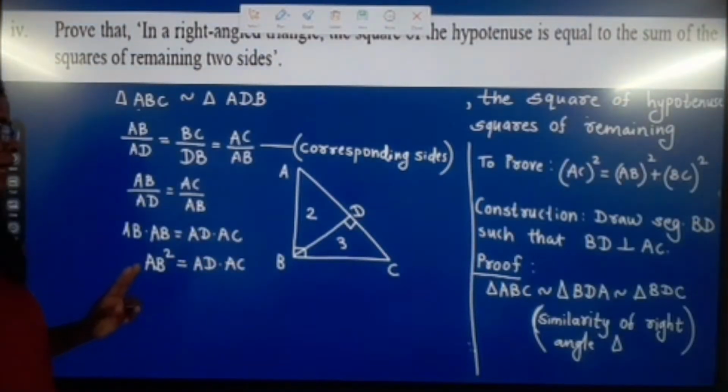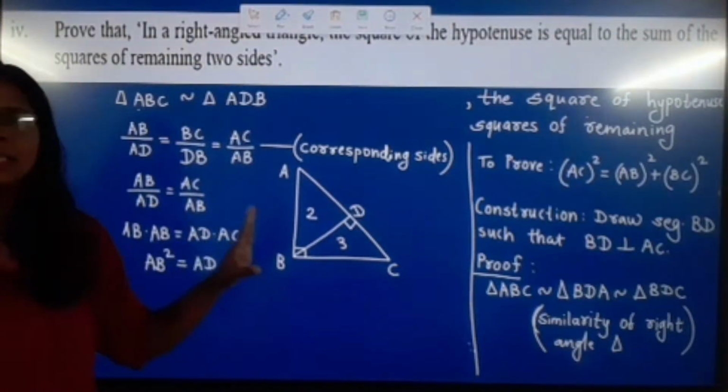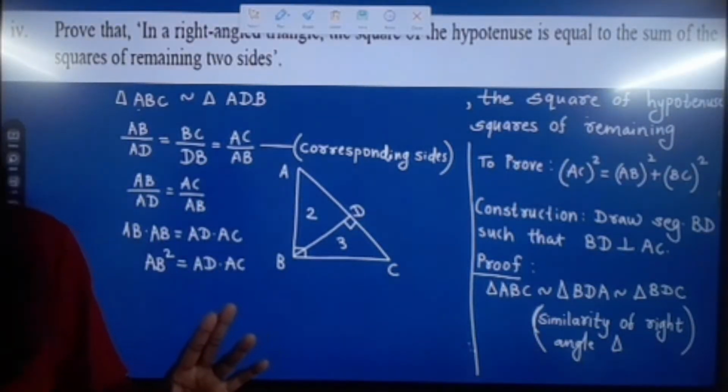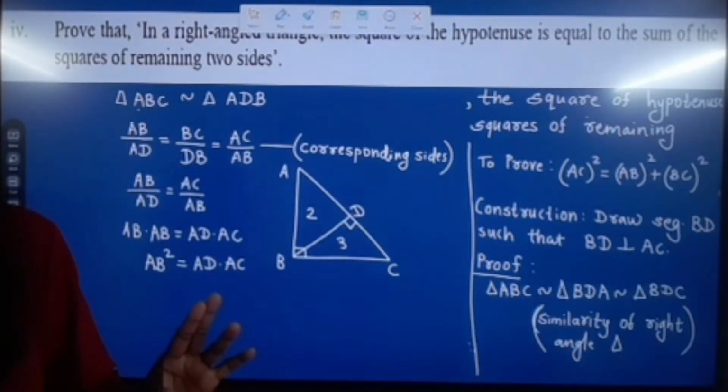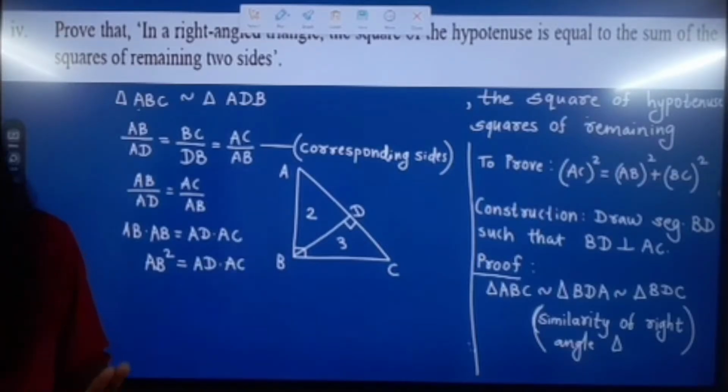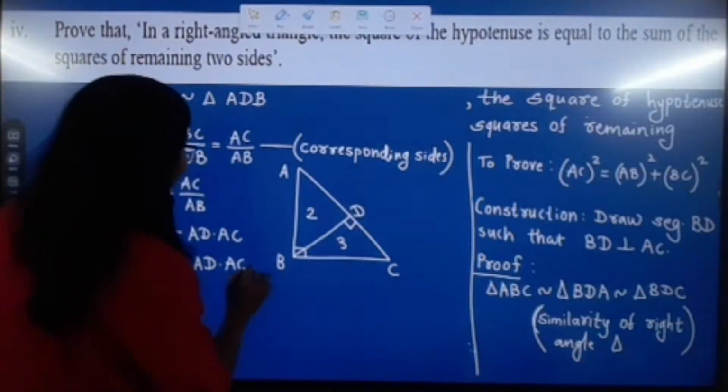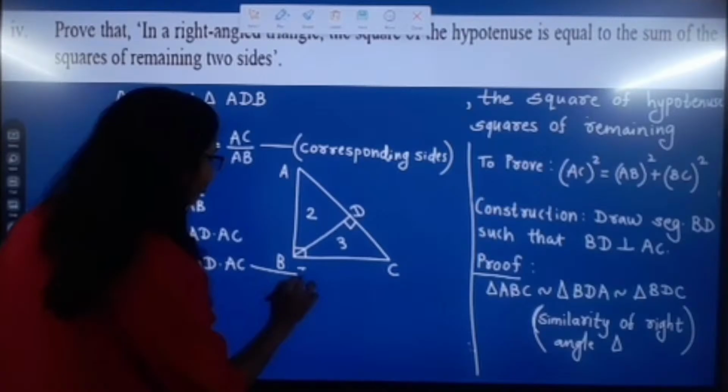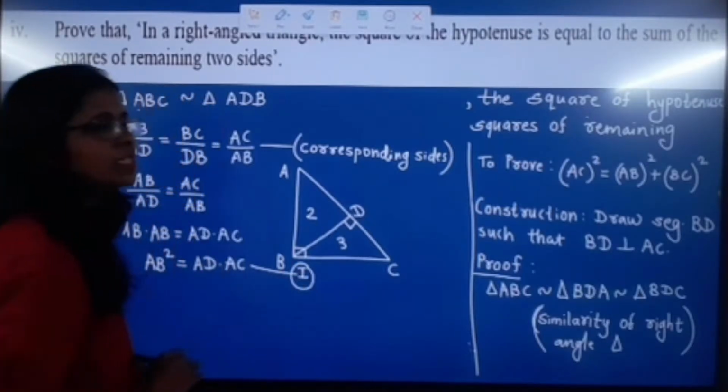Okay, students, see here AB means the first right angle side. So this is the first part, students. I write down here, this one is the first part.